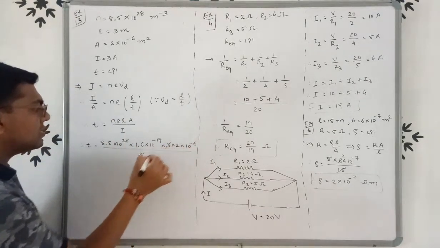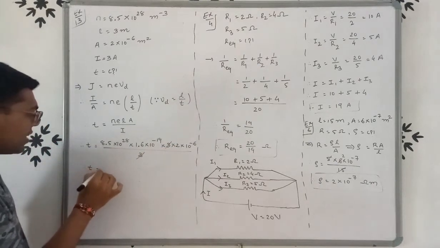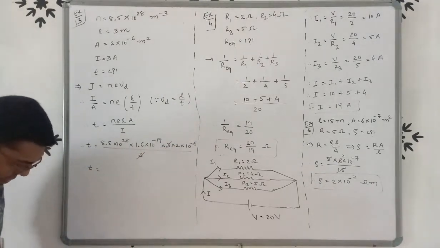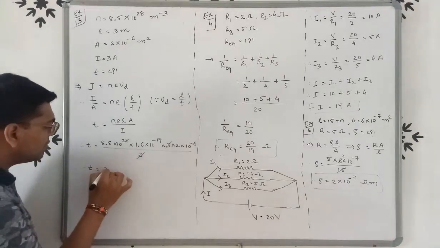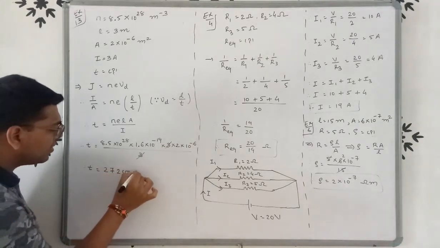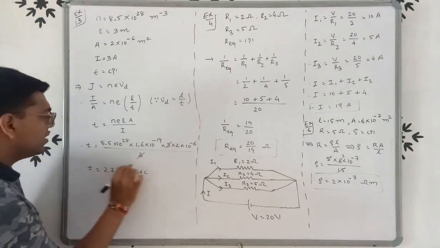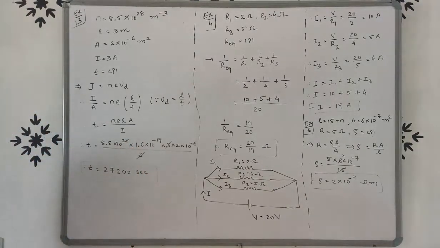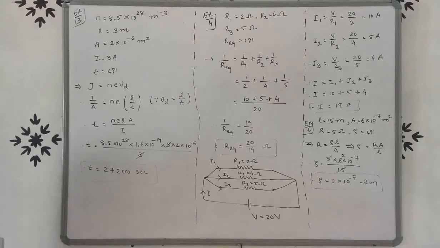So here 3 cancel. If you calculate this, then you will get time t is equal to 27200 second.